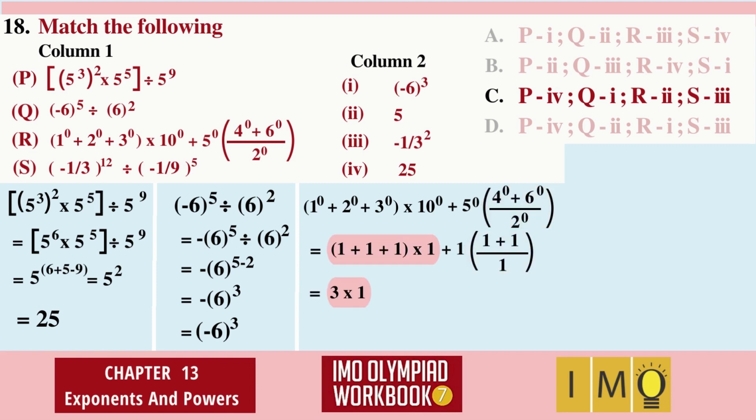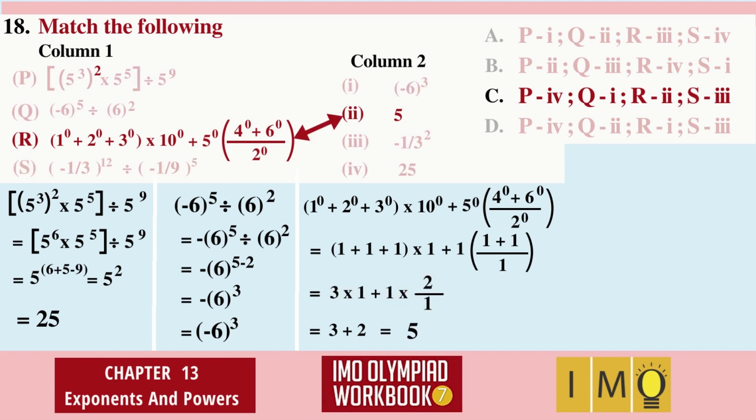That simplifies to 3 into 1 plus 1 into 2 by 1. According to the order of operations, we'll do the multiplication and division before the addition. So what we get is 3 plus 2, that is 5. So R matches with option 2.